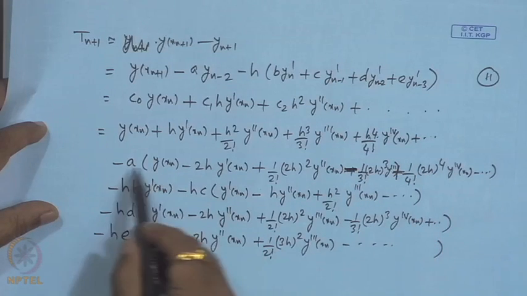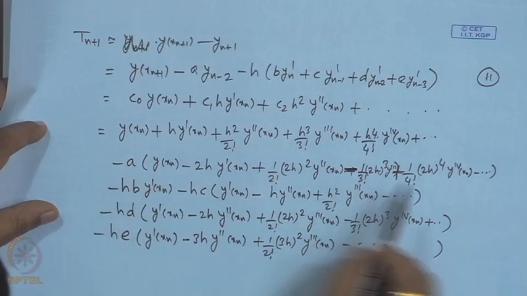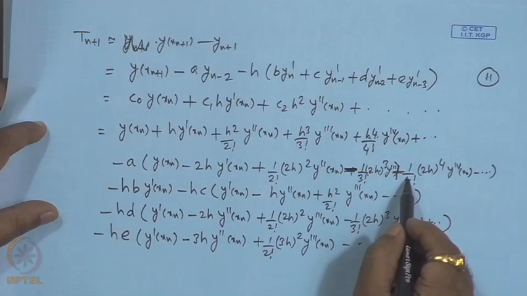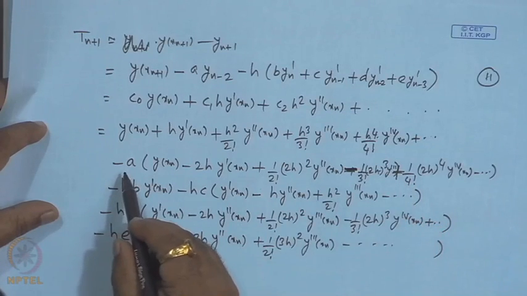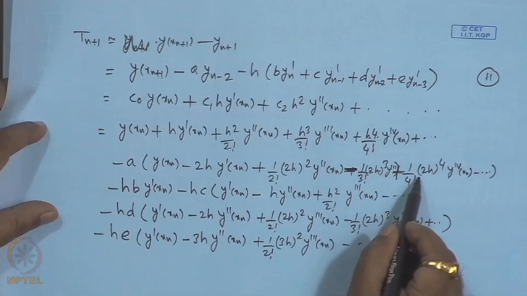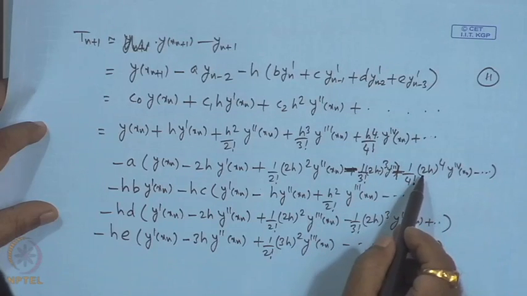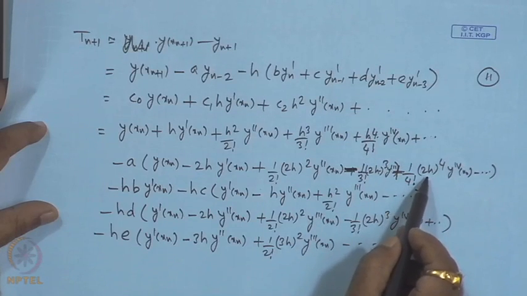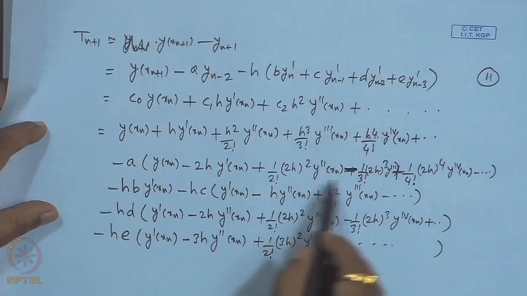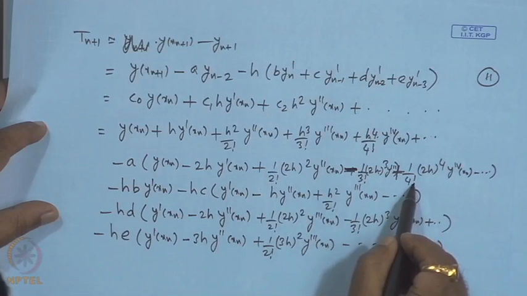So, minus 8 A. Okay. So, if we take common, okay, so this is 4 factorial.